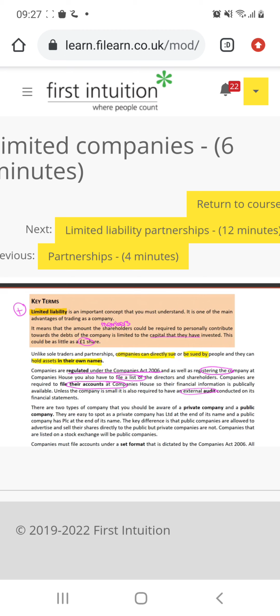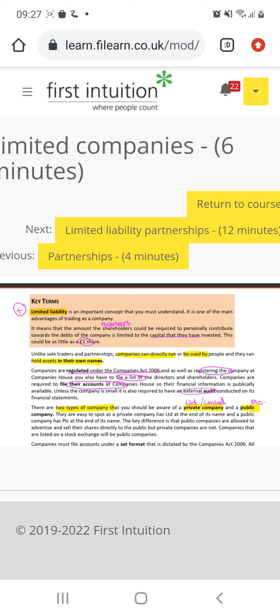Now, there are two types of company that exist. We have a private company, and this will have a name that will end with the abbreviation LTD, or limited in words. And the other one is a public company, and this one will have the letters PLC after it.